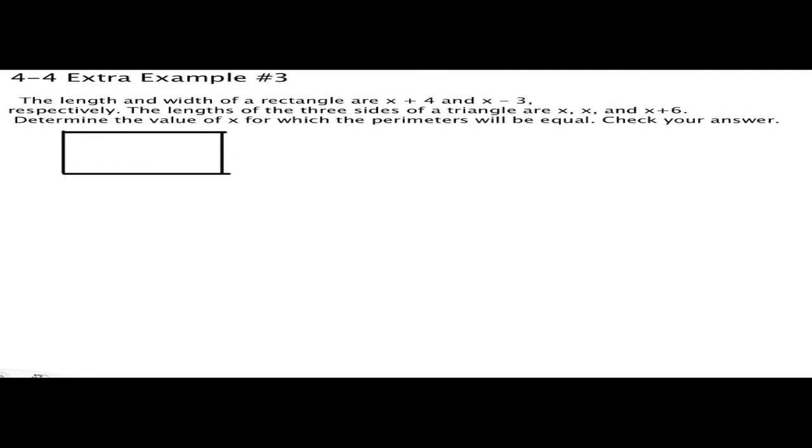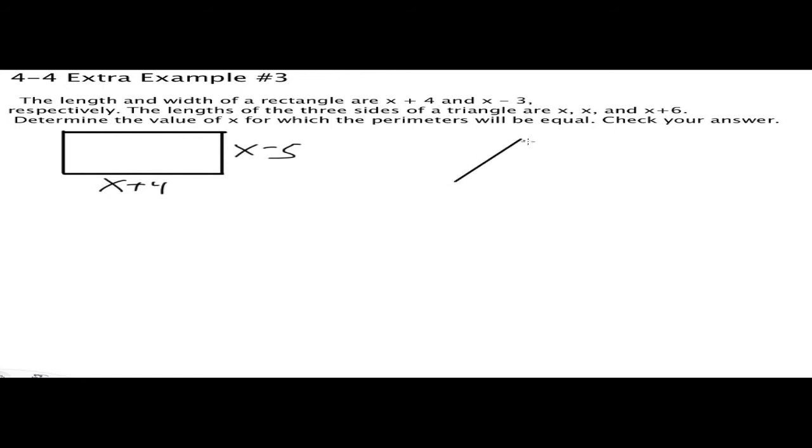It's not an art class, so we just try to get it right, but I'm okay with something a little less than perfect, as long as it represents what we're looking for. So this is going to be our x plus 4 side. This must be x minus 3. So that's our rectangle.